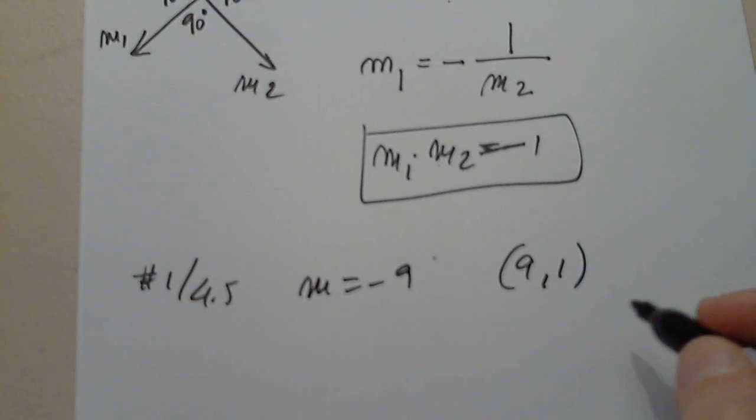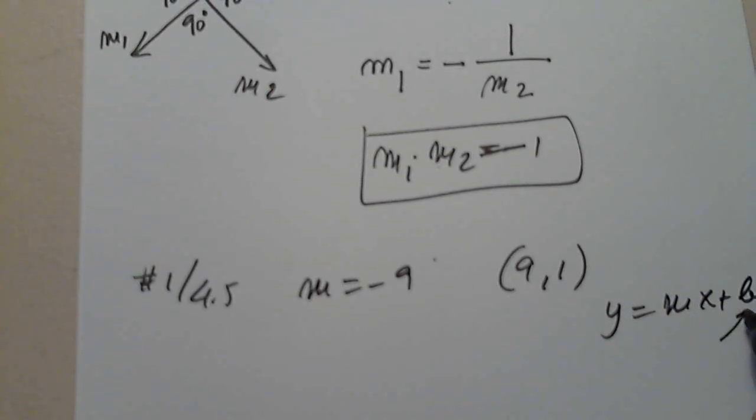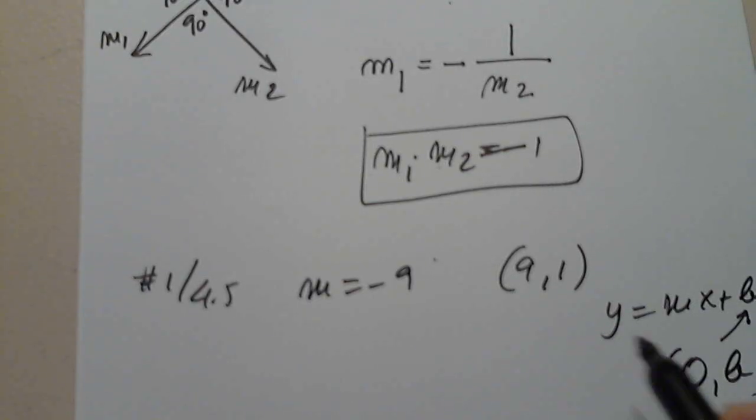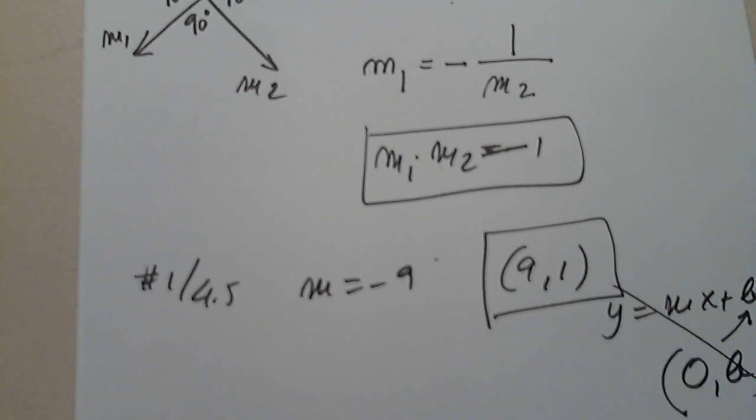I cannot use y equals mx plus b, because b comes from a point that is 0, a number. I don't have that. The y-intercept is not given to us. I will not use this.